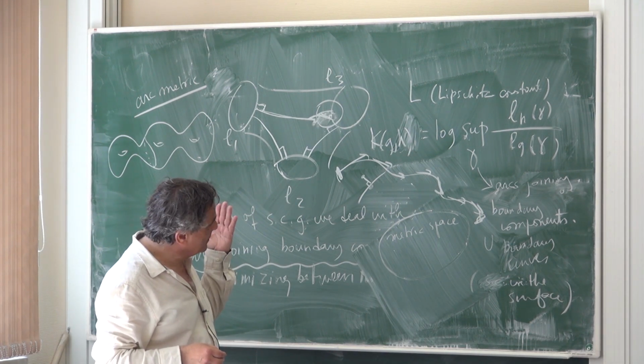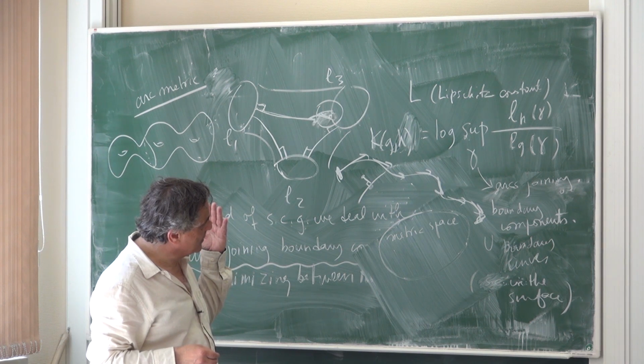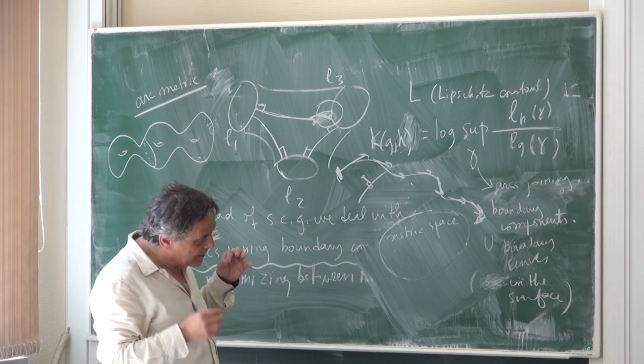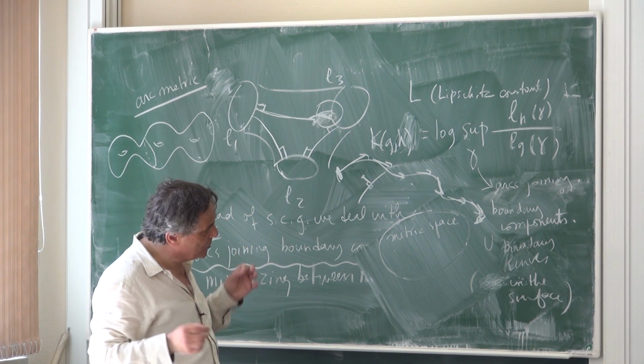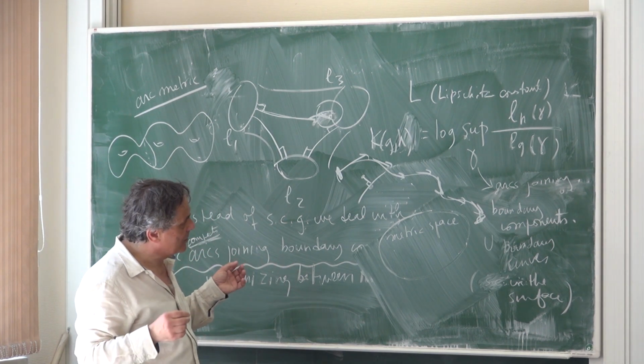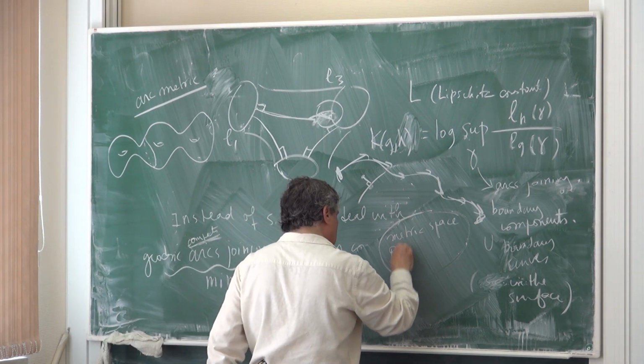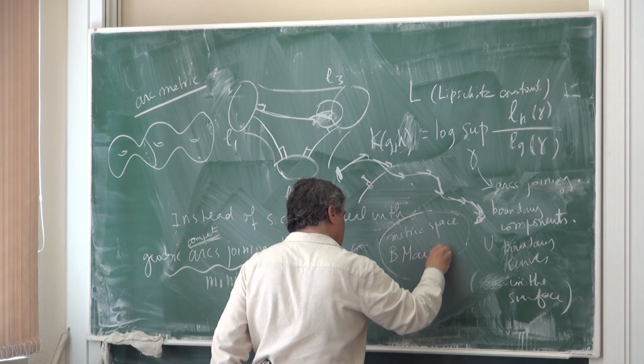So, in fact, the main technique which people use to show that some metric is Finsler or not is a theorem called the Boseman-Meyer theorem.